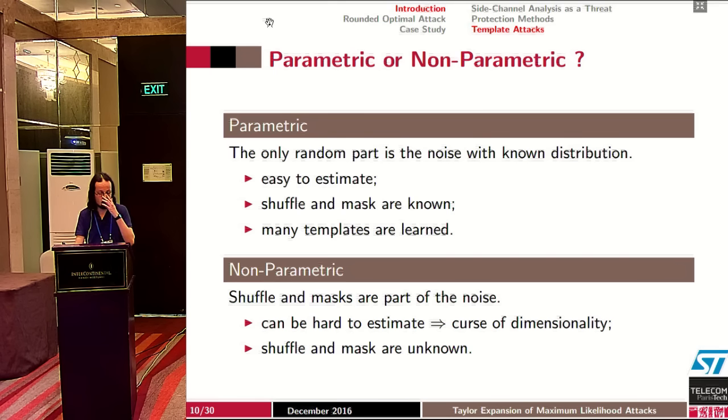The other drawback is that it can lead to many templates. In non-parametric methods, the shuffle and the masks are part of the noise, and as a consequence, we do not need to know them. But these methods can be difficult to estimate, as they may suffer from the curse of dimensionality, which is a common issue in machine learning and statistics. So in this presentation, we assume that all the models are perfectly known and estimated using parametric methods.